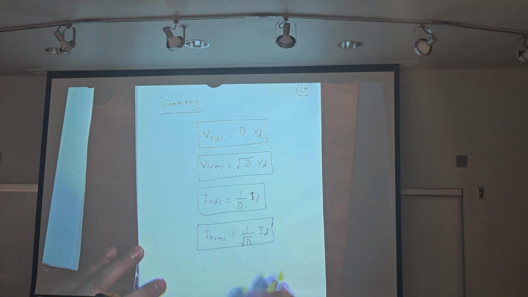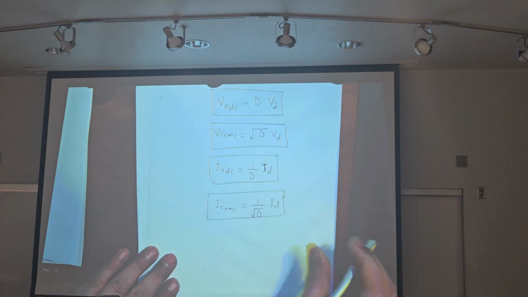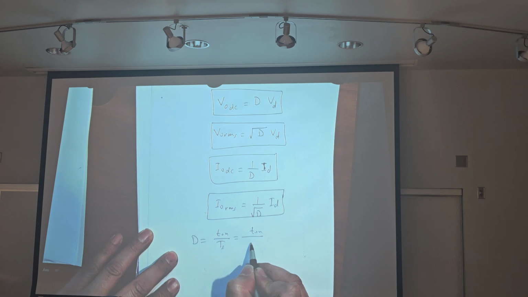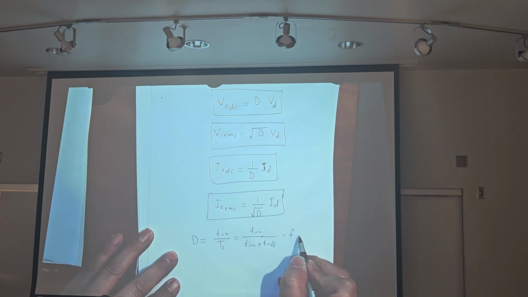Just these equations are required, and duty cycle is T on divided by TS, or T on divided by T on plus T off, or frequency times T on.